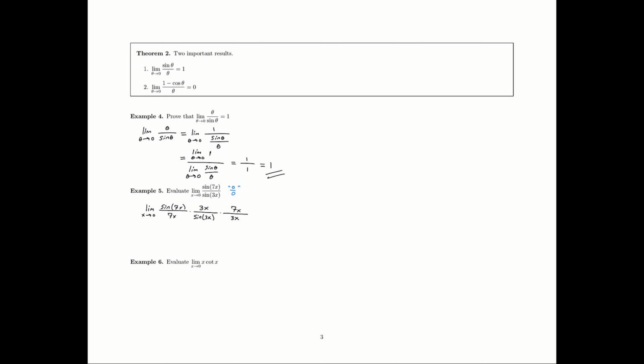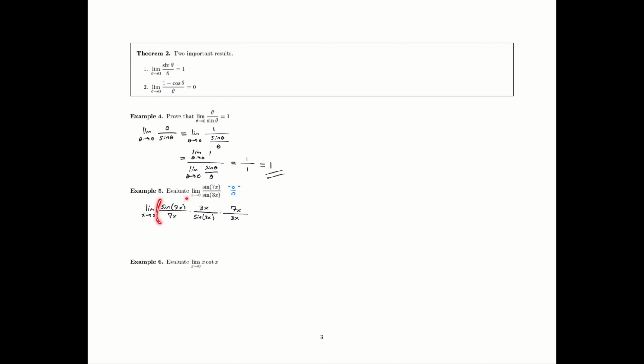Okay. Now there's one little thing I want to mention here. You can see that theta's here, theta's here, theta's here. So everything in these three areas is exactly the same quantity, which is not quite what we have here.